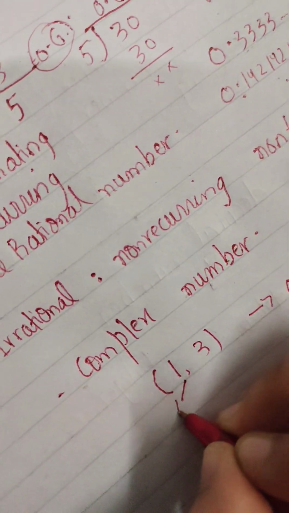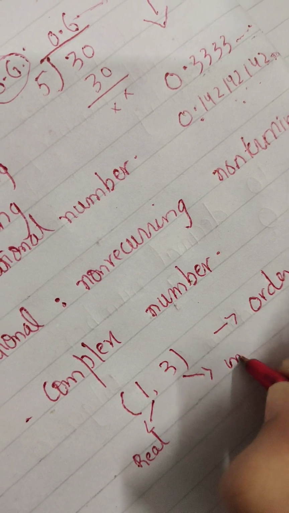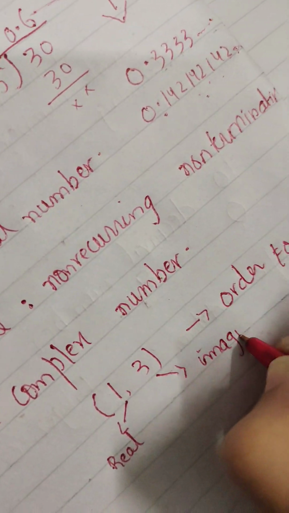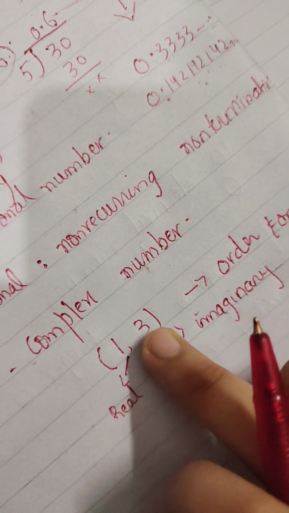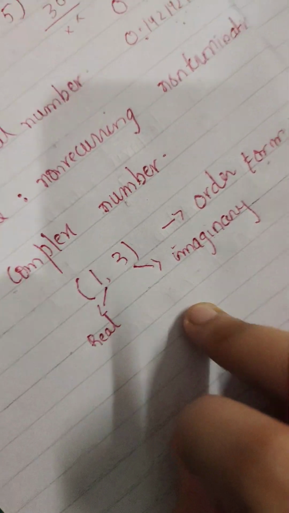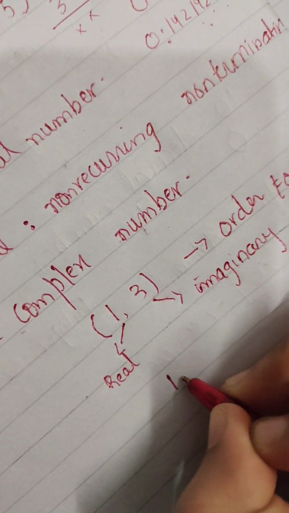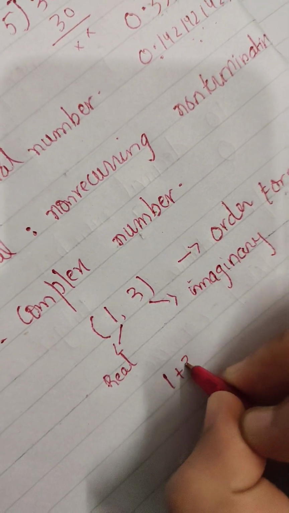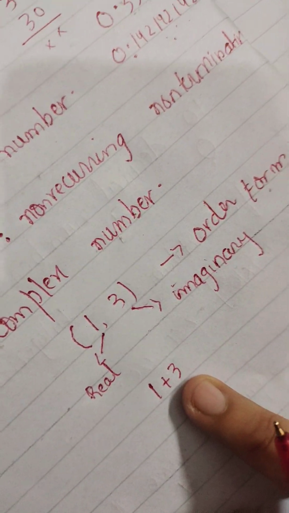This part is known as the real part and this part is known as the imaginary part. When these values come out of an ordered pair, how do we recognize them? Let's just add the sign of plus. Then how do we recognize what is real and what is imaginary?